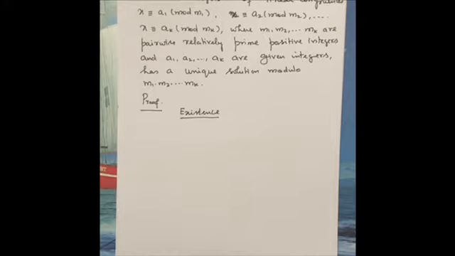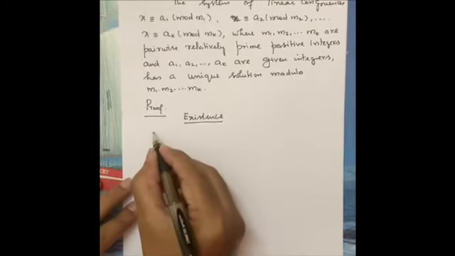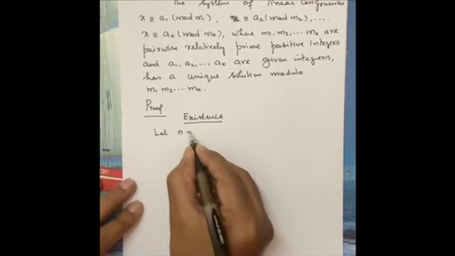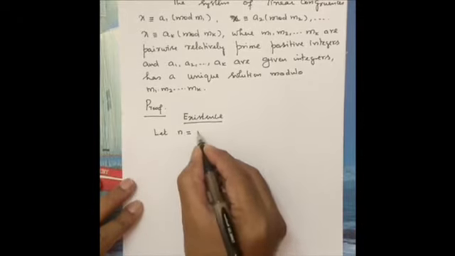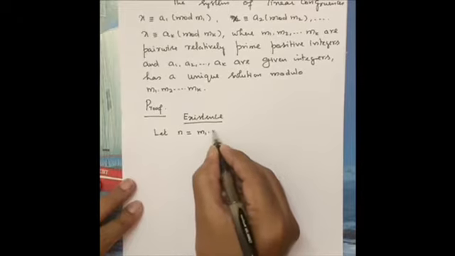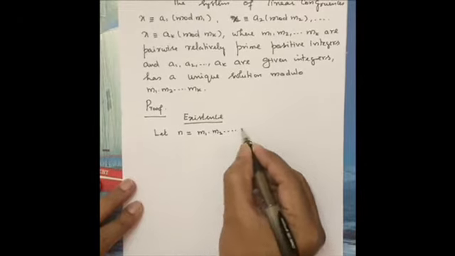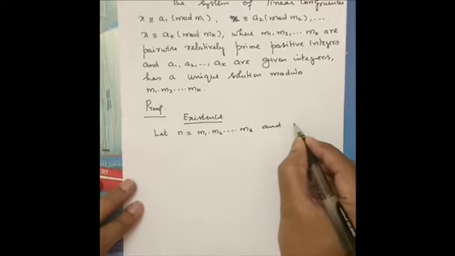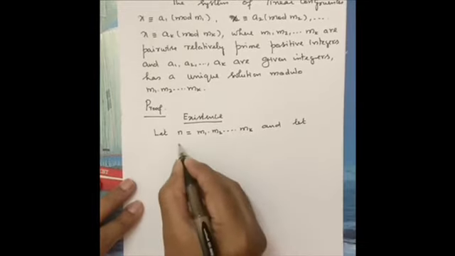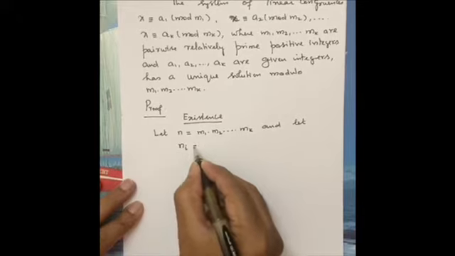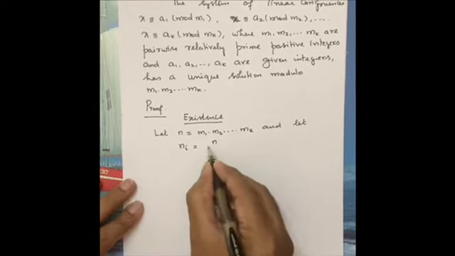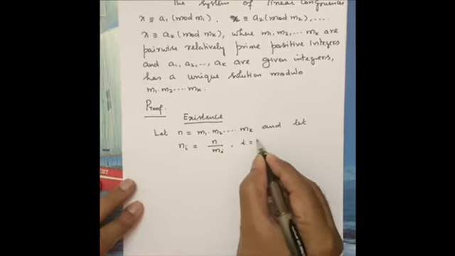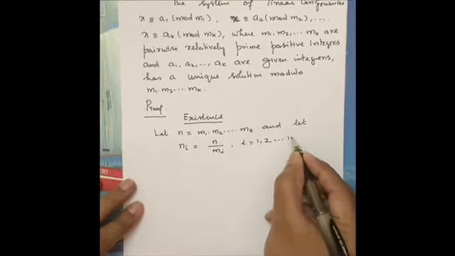So for this, first we assume let n equal to the product of all mi's, m1 times m2 times etc. mk, and let ni equal to n divided by mi, i equal to 1, 2, etc., k.